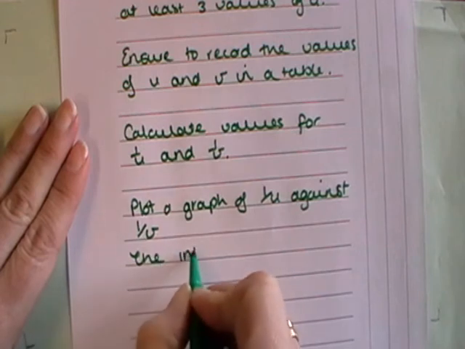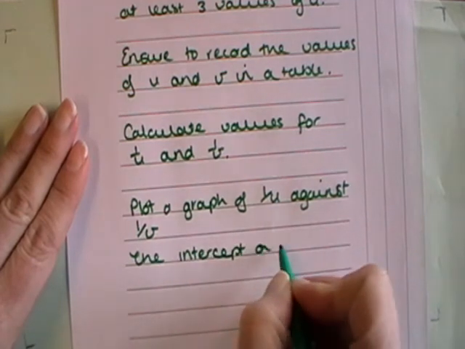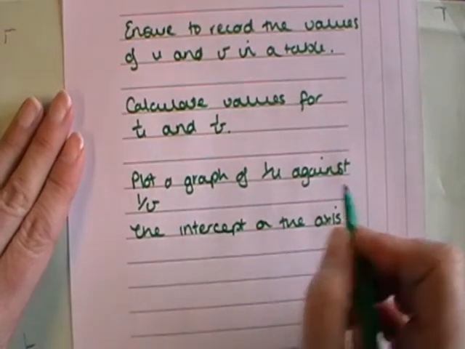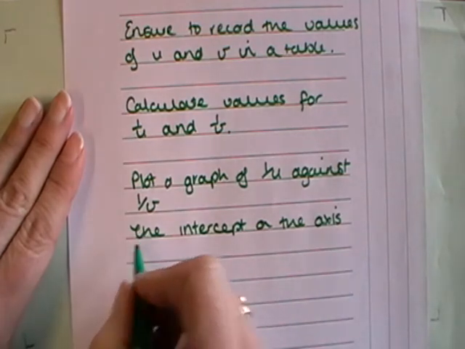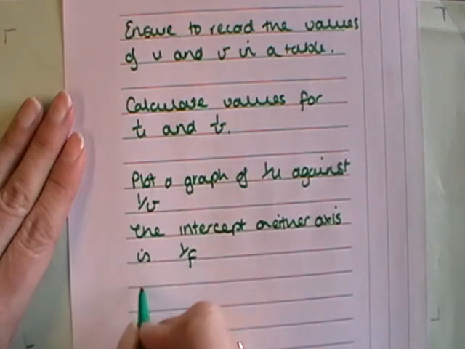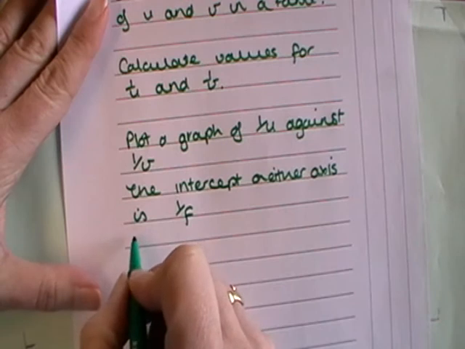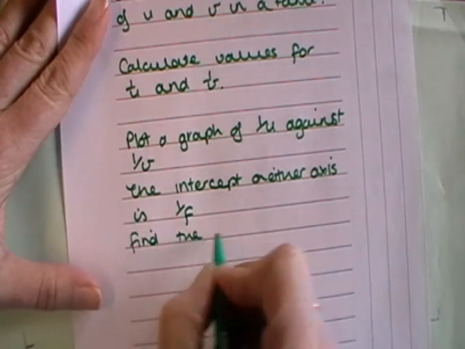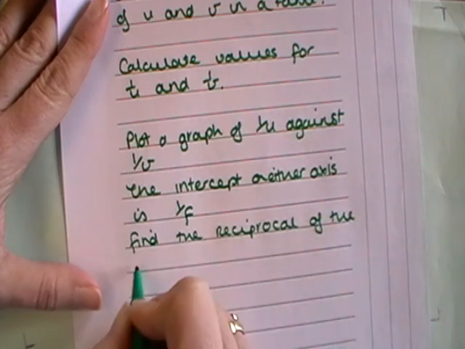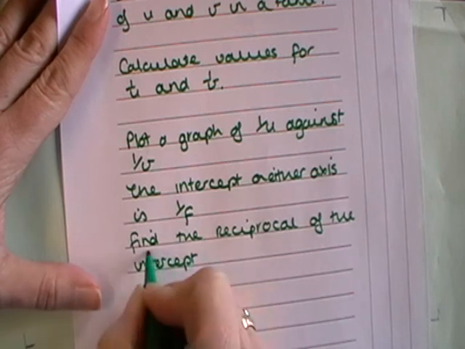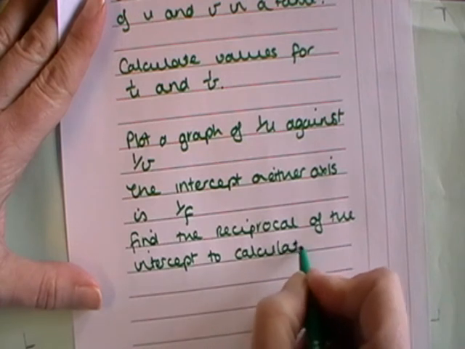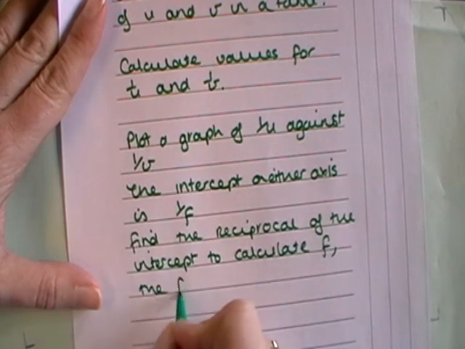The intercept on either axis, write that in as either axis, is 1 over f. So find the reciprocal of the intercept to calculate f, which is the focal length.